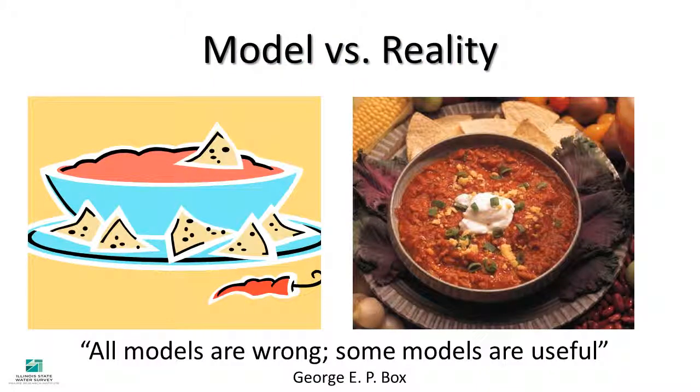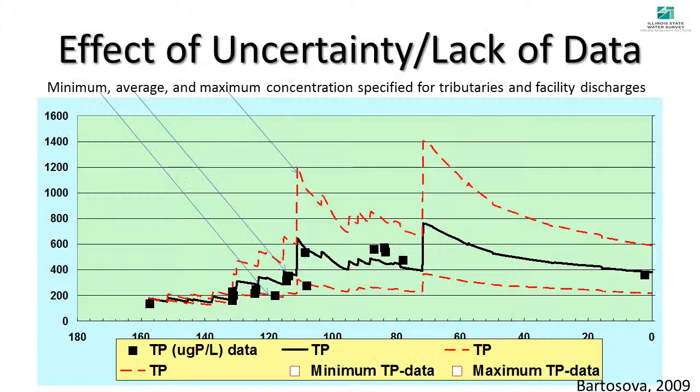A model is a simplified version of reality. Obviously, the more complex models require more complex inputs and data. Do you want your salsa with tomatoes and jalapenos, or do you want to add other ingredients? Your assumptions in the modeling really affect the accuracy of the results.